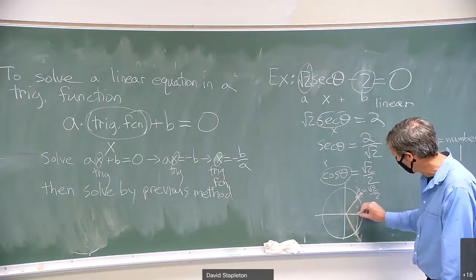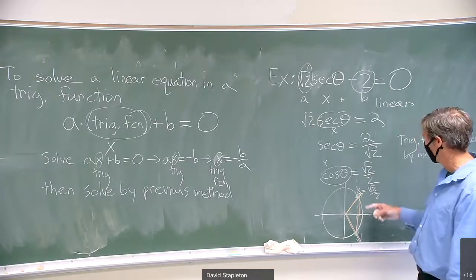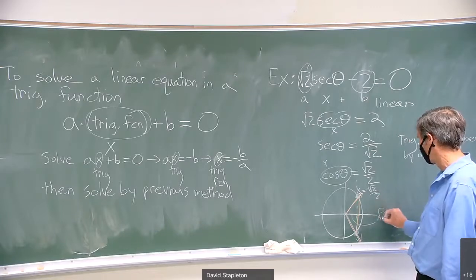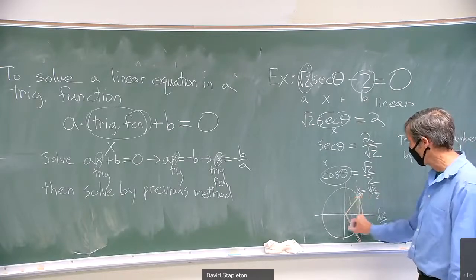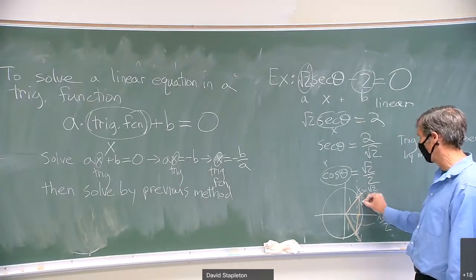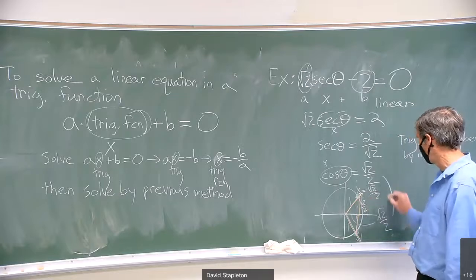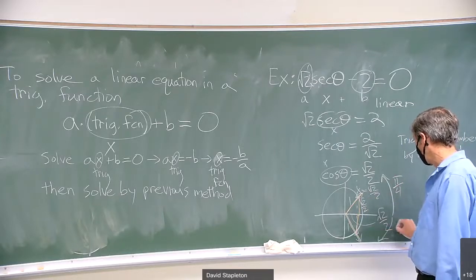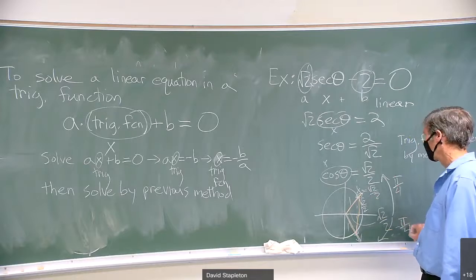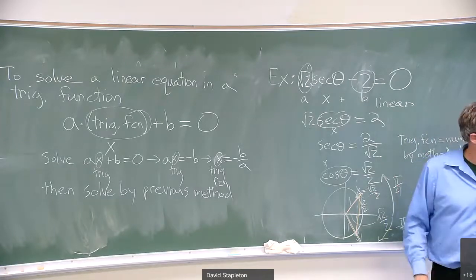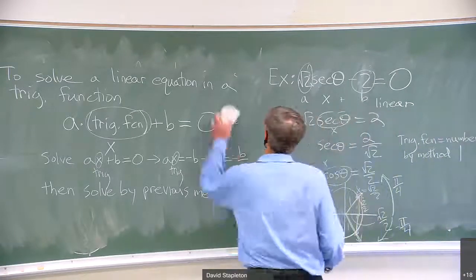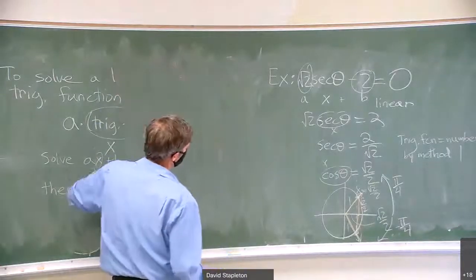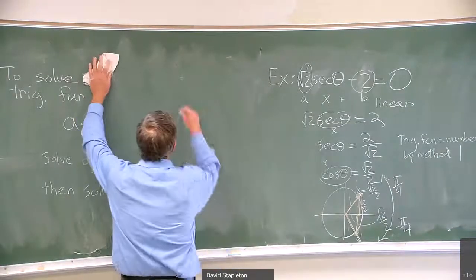When I drop the perpendiculars, I notice since this is x equals square root 2 over 2, this side length is square root 2 over 2. This side length is 1 because it's a unit circle. That forces this other side to be square root 2 over 2. It's a 45, 45, 90 triangle. That must be pi over 4, and this one must be minus pi over 4. I now observe that there are these solutions and any coterminal angles.